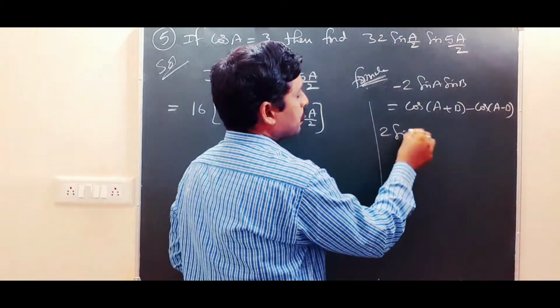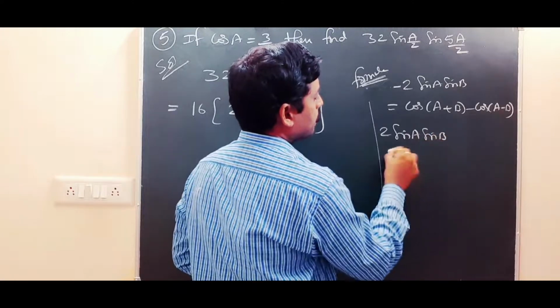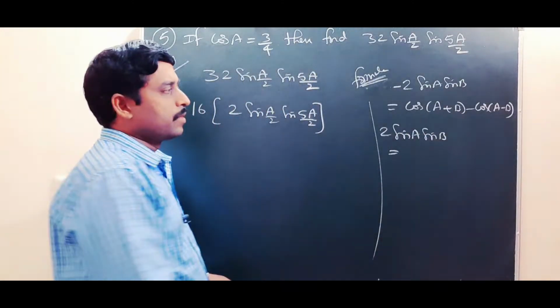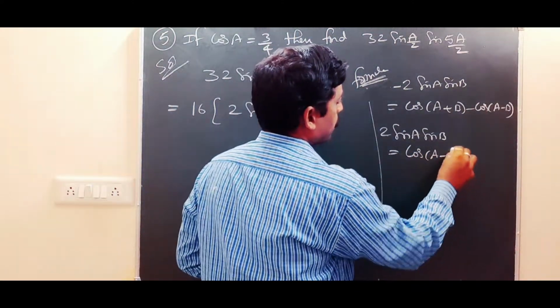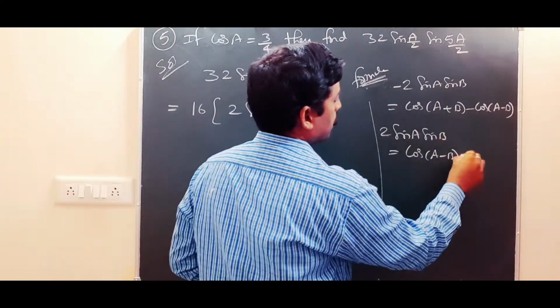Multiplying by minus 1 on both sides, 2 sin A sin B equals cos A minus B minus cos A plus B; the minus will be plus, plus will be minus.